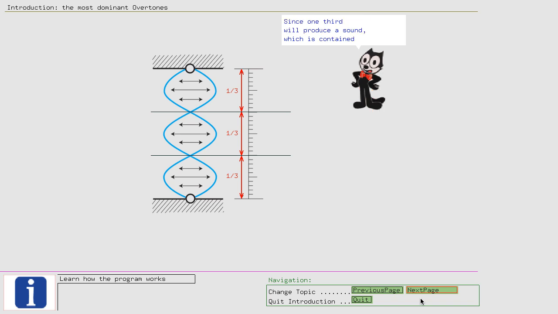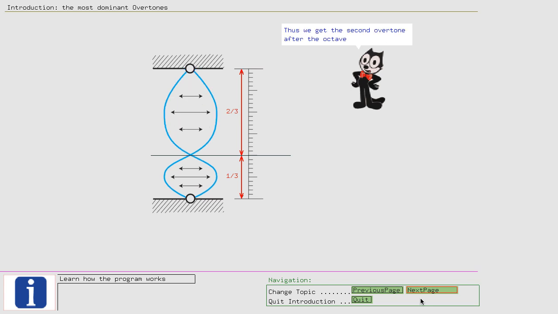Since 1/3 will produce a sound which is contained as an overtone of a part which is 2/3 long, we are only interested in the sound of the longer part, which is 2/3 long. Thus, we get the second overtone after the octave by dividing the string into 1/3 and 2/3.